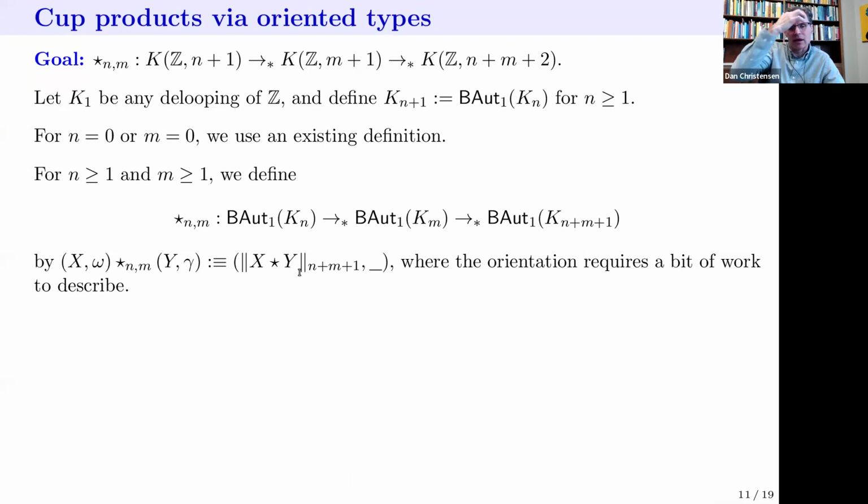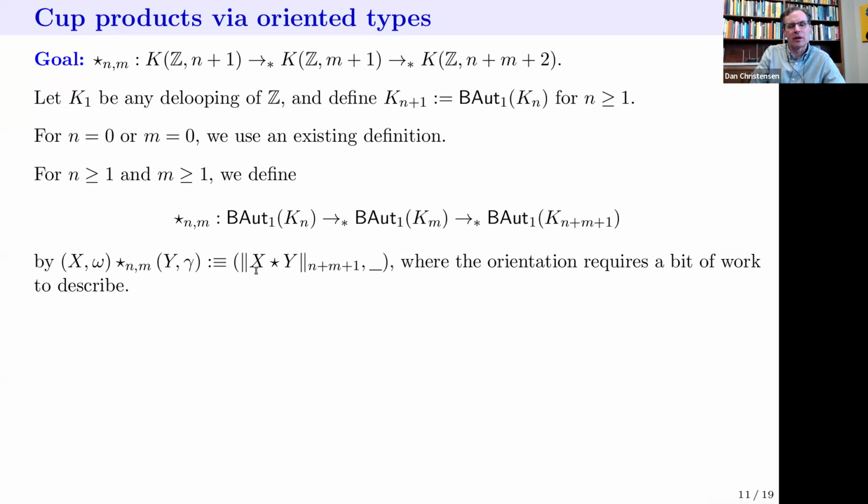Joins are going to come up again later, so I'll say a bit more then. I take that join, I truncate it to the truncation level of this Eilenberg-Mac Lane type, and then I put in an orientation. It requires a bit of work. It's not that it really requires work, it's just a bit more than I want to say in a talk. You need a connectivity lemma about joins in order to get the orientation here.